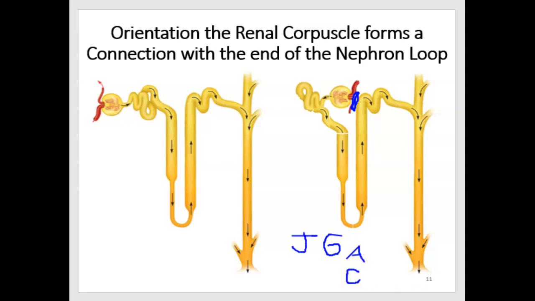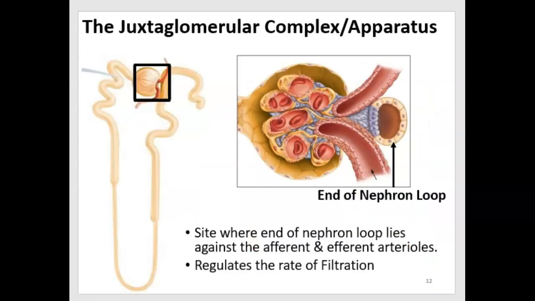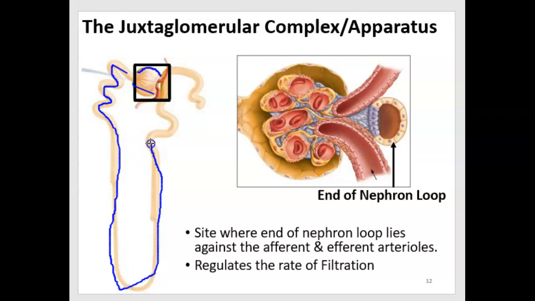Anyway, let's look at a picture of it instead of my attempt at drawing. So the nephron on the left is really the way we should have been teaching it to you. Here is the renal corpuscle and the proximal convoluted tubule, descending limb, ascending limb of the loop, and now the distal convoluted tubule begins. The collecting duct isn't even on here.